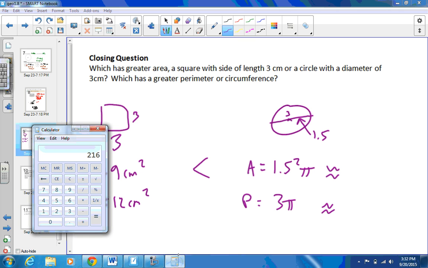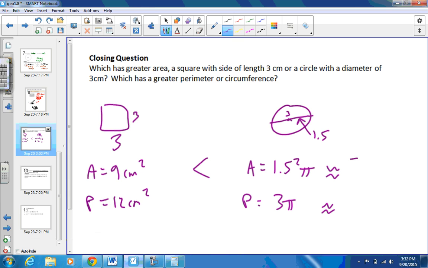So 1.5 squared would be 1.5 times itself. And that's 2.25 times pi. Right now I'm just going to use 3.14 in this one. But that'll give me about 7. So this one is not bigger.